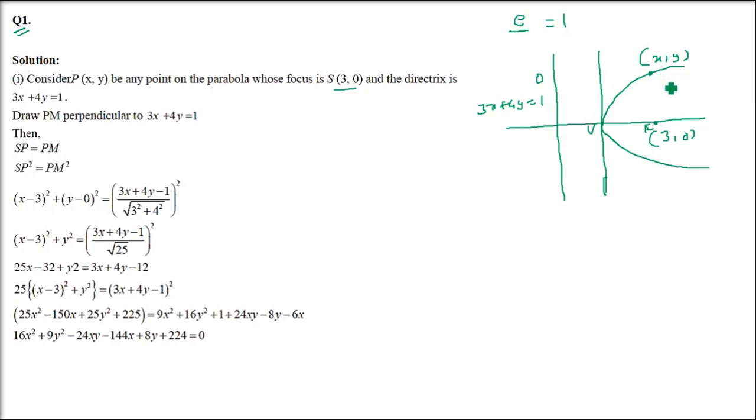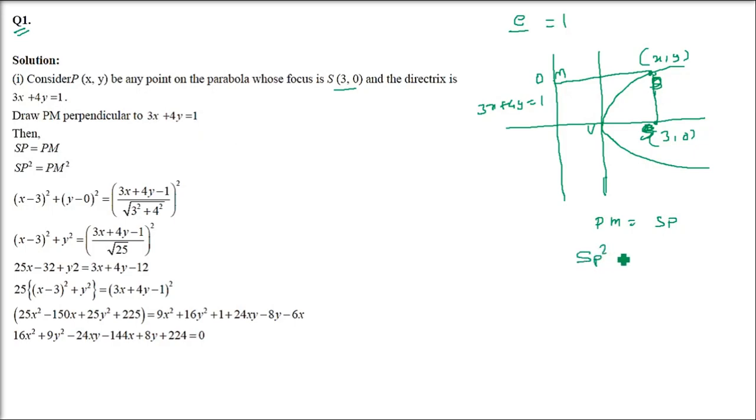So, let us name it: let us say this focus as S, this point as P, and the point where the perpendicular from P drops at this line is M. So, the PM length, that is the distance of the point from the directrix, is equal to the distance of the point from the focus.